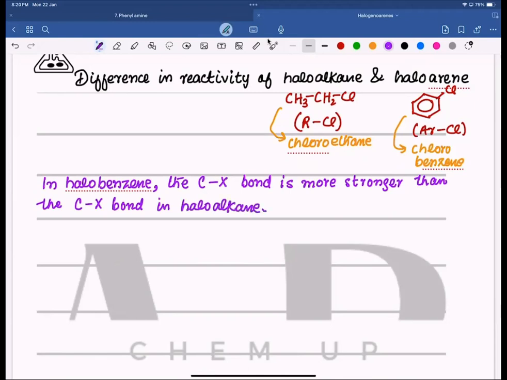So it means if the bond is stronger in halobenzene, halobenzene is going to be more reactive or less reactive? Less reactive, if the bond is stronger.